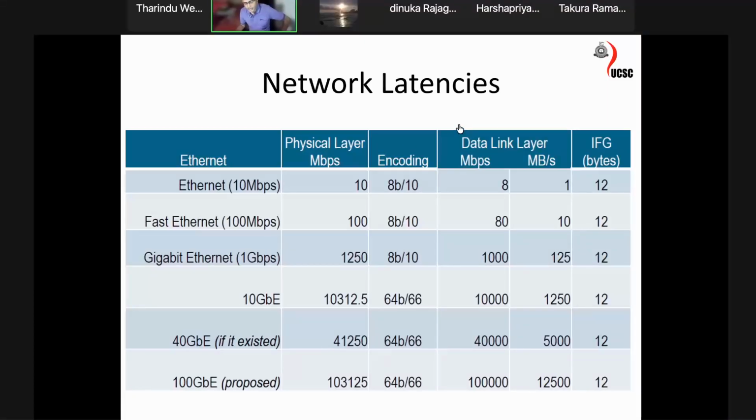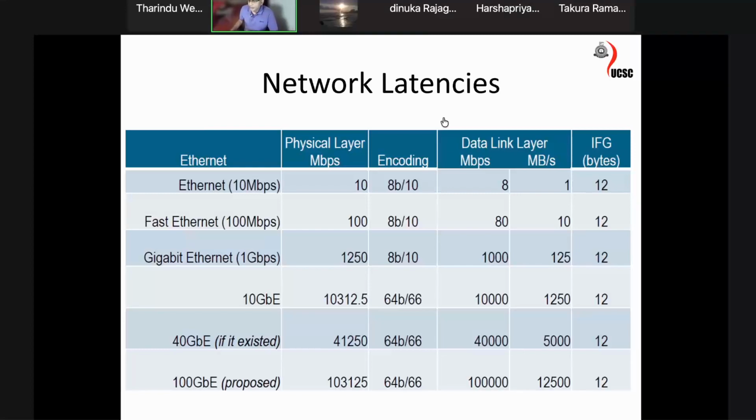Ethernet 10, I told you initially when I started my career, I started with the Ethernet 10 Mbps standard, and its physical layer bandwidth defined by the standard is 10 megabits per second. The encoding is usually such that for the data it has 8 bits, but an additional 2 overhead bits when you are converting bytes to bits.